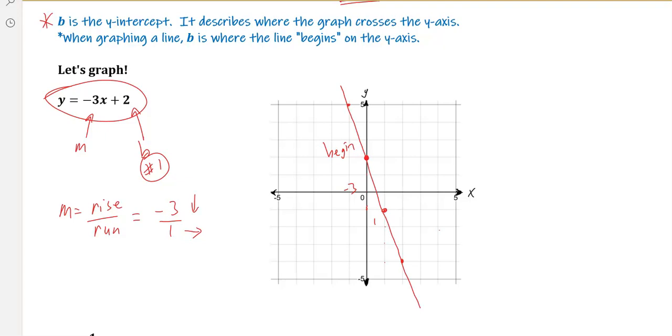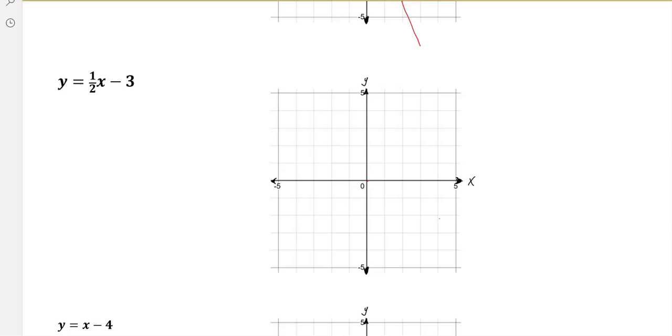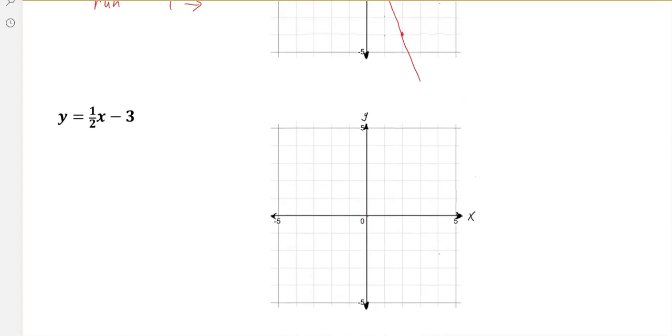Okay, let's try another one. Let's graph y equals 1/2 x minus 3. Again, our slope is right there, and our y-intercept is right there. So our y-intercept is negative 3. So we go down to 3, okay. So that's where it starts. And then we have a slope of 1/2.